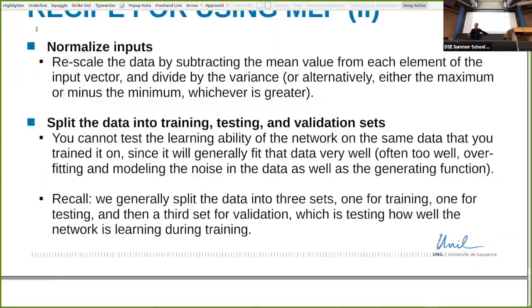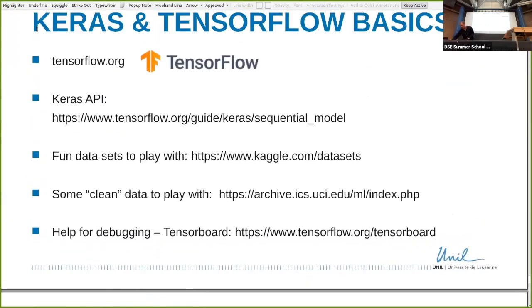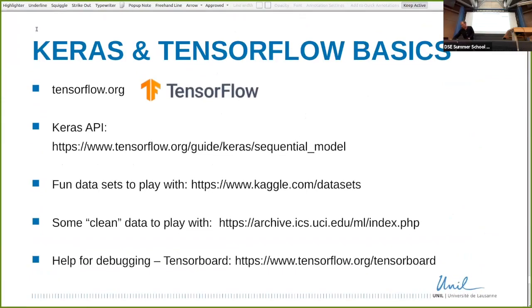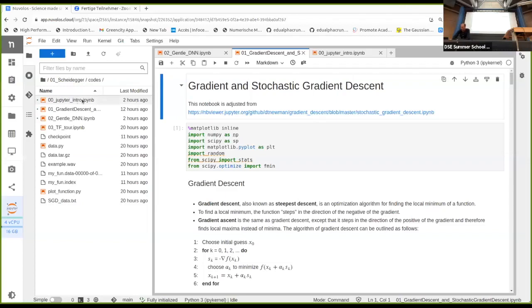Yes, and with that, I put up a few notebooks. Now let me see if the talk started. Yes, so it started here. On my lecture in subfolder codes, as I said, you have a gradient descent notebook.